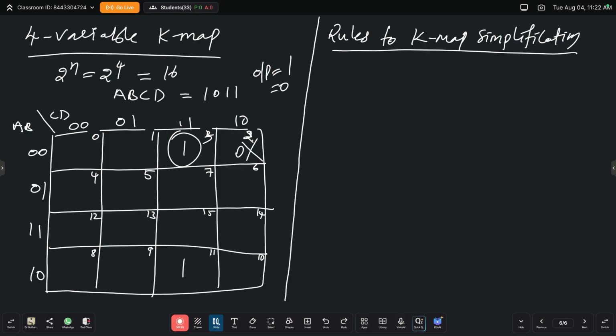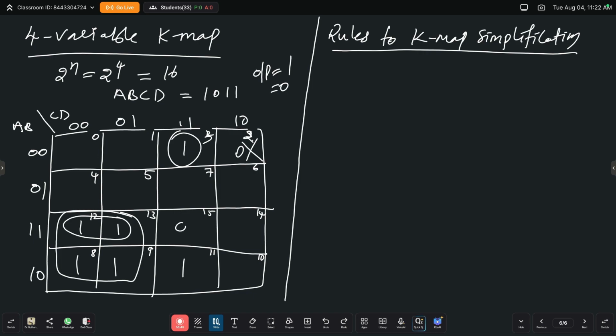For example, if 1, 1 is there in your K-map, you can group these two into one group. So this is a double group. If one more 1, 1 is there, this is a quarter group.